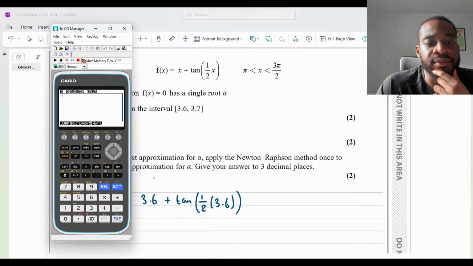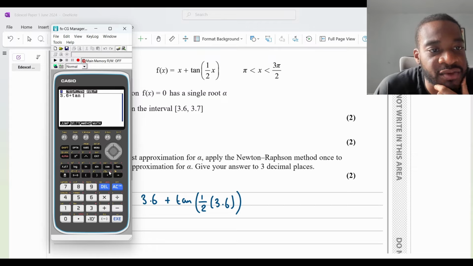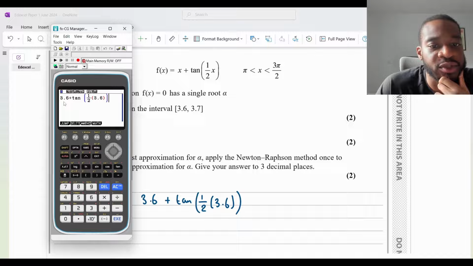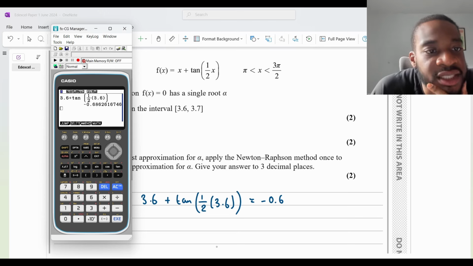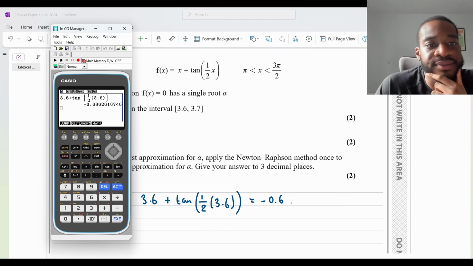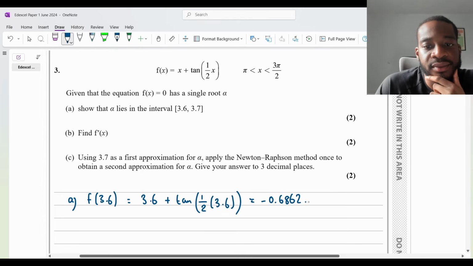So it's going to be 3.6 plus tan, and then 1/2 of 3.6. Double checking that's all good. That looks good to me. I get negative 0.686, and so on.